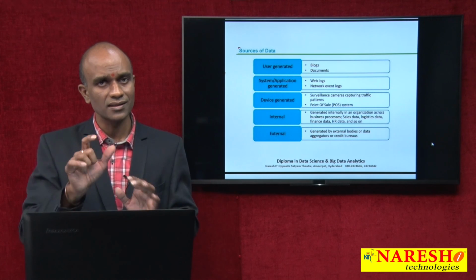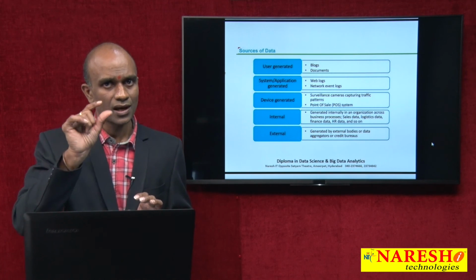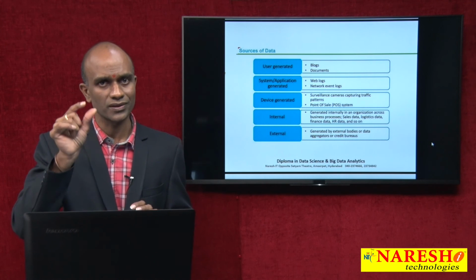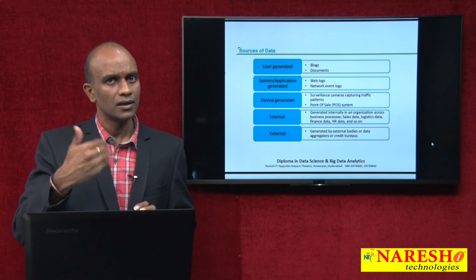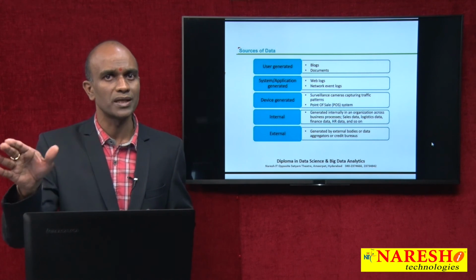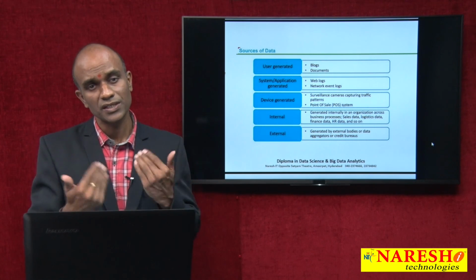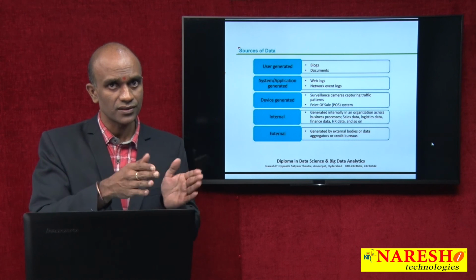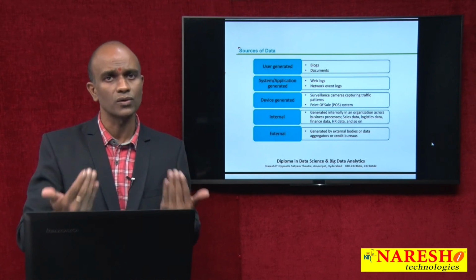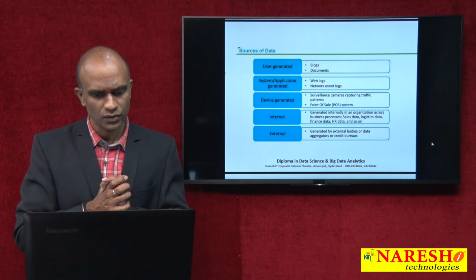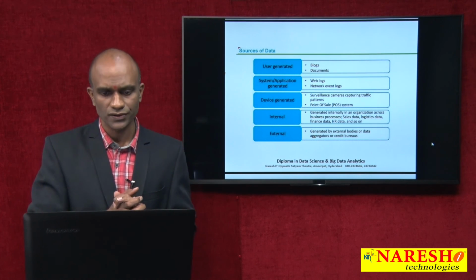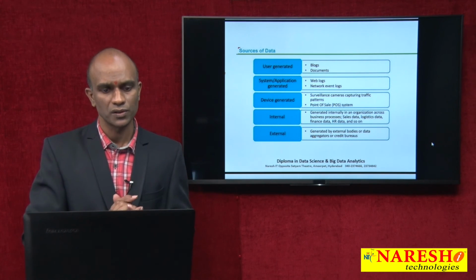As we are accessing a particular website, behind the scenes, our IP address, the resource that we are requesting, the date, the time, and many other attributes are being captured by the servers. They're logging all this into logs. That is being generated by the machine servers, or that is what is system generated data or machine generated data, guys. Okay, and then you have the network event logs, which is where all the logging goes in.